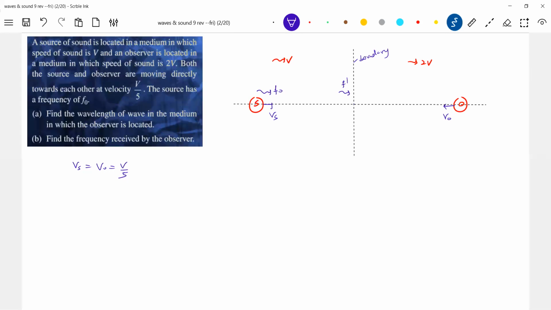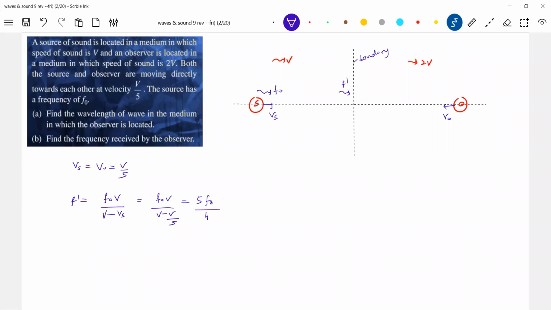So then what is the formula? f dash is equal to f naught v by v minus vs, approaching the boundary. That gives 5 f naught v by 4v. Okay, this also will cancel out.